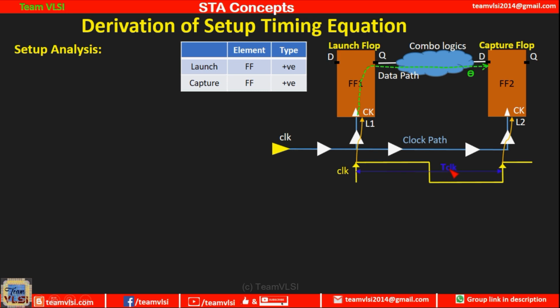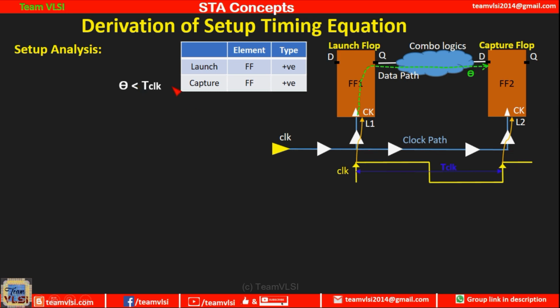Mathematically, as per the definition of setup timing, the data should reach some time before the arrival of this clock edge, and this clock edge will appear after T clock time. So we can say that theta should be less than T clock, right?